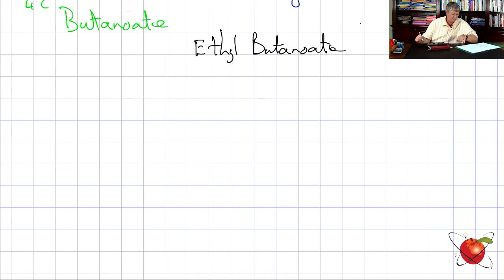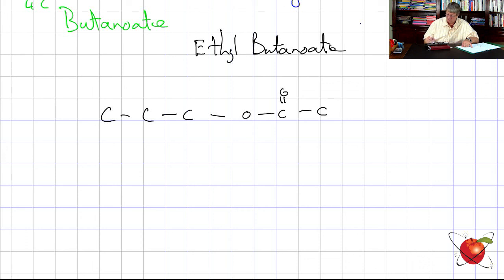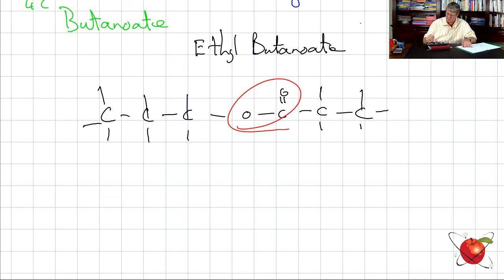Let's have another one just for practice. They've got this one: C, C, C, O, C, double bond O. Now I'm putting these in, 1, 2, 3, 4, like that. Now, what's my first step? First step is find the functional group. There it is. Orientation tells me my green is to the right, because the O and the double bond O indicate the direction that way.